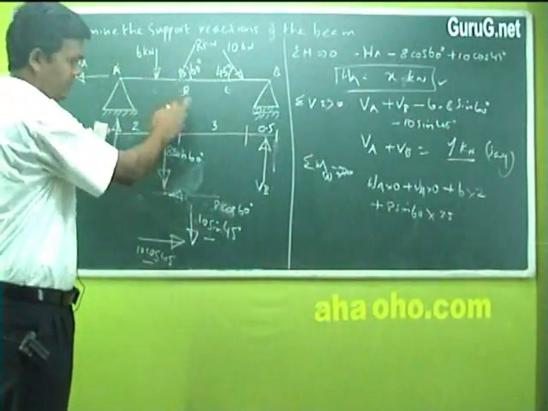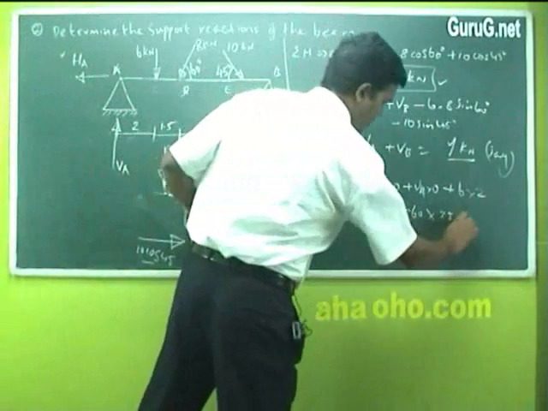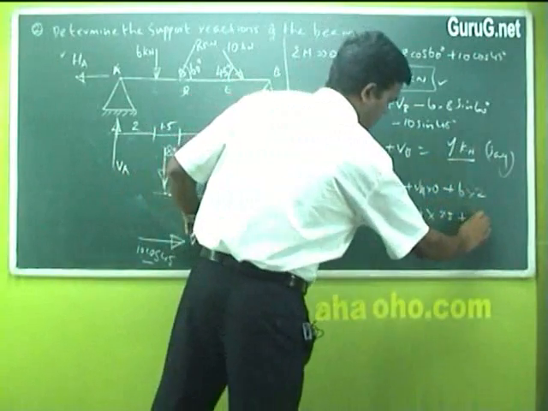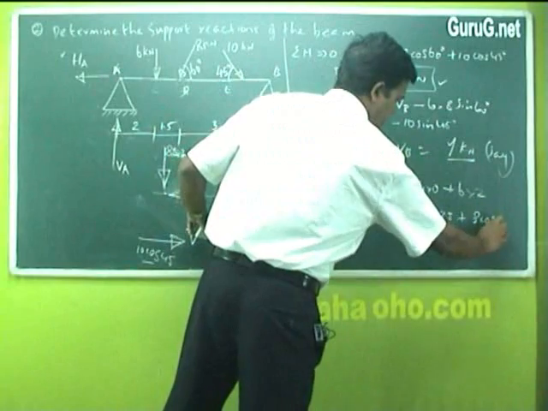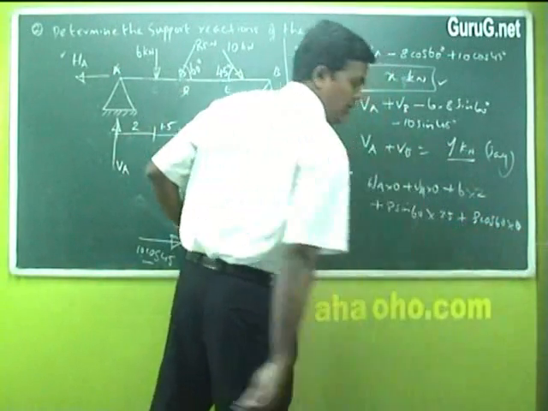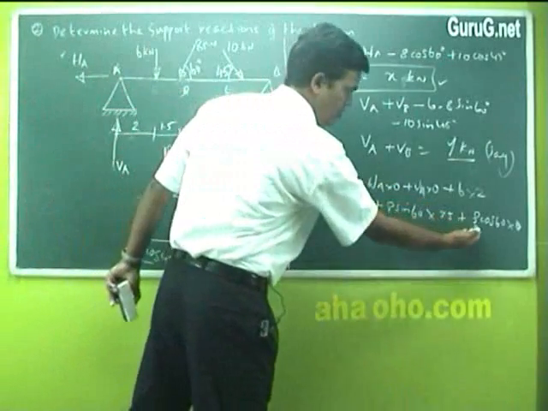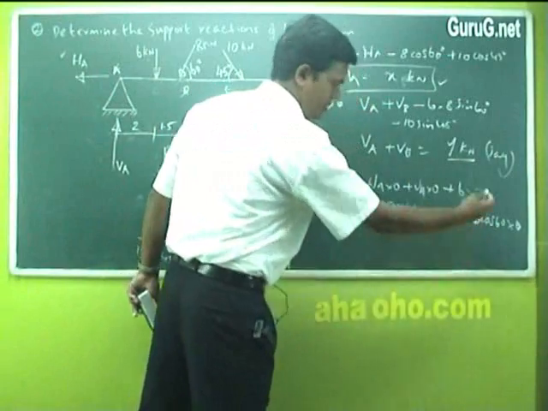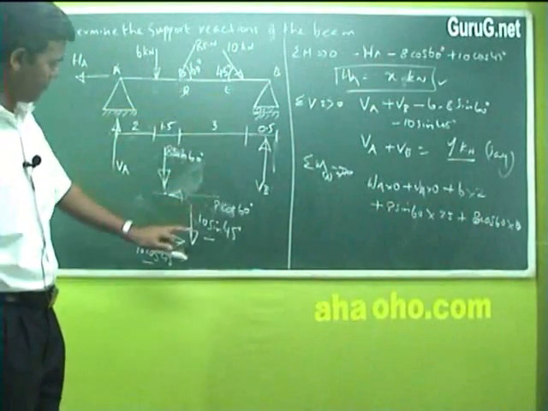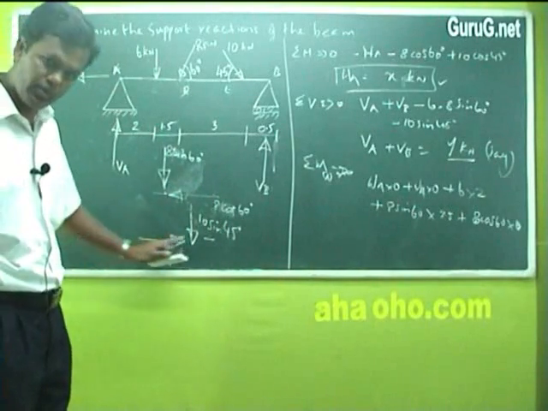Then 8 cos 60 will be 0. If you want, you can write it as 8 cos 60 into 0 to avoid confusion, because it is along the line of action. You need not write this, because whether you write positive or negative, the value is 0.